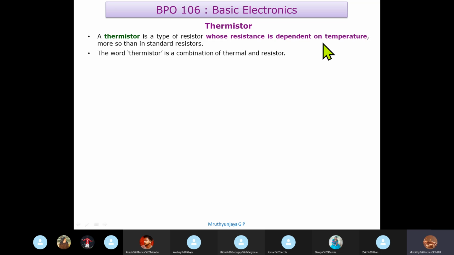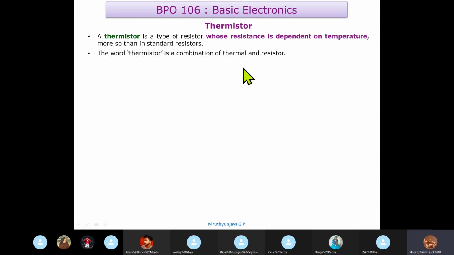Here, deliberately we will be looking into a resistance which changes a lot with temperature. A resistor whose value changes a lot with change in temperature is the one that is practically required, and that is called a thermistor. In such applications, we will be using thermistors.